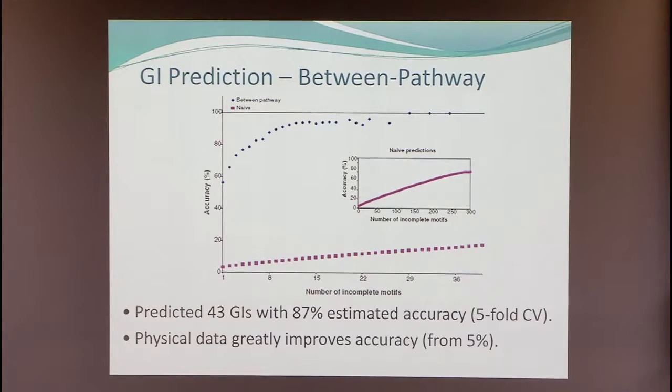But what I find really interesting about this graph is that when you don't use the physical interaction data at all, if you simply try to support an edge by these genetic interaction motifs, and you ignore the physical interaction data, then no matter how many motifs are supporting it, your performance is quite poor. However, once you integrate the physical interaction information, then your performance accuracy can go really high.